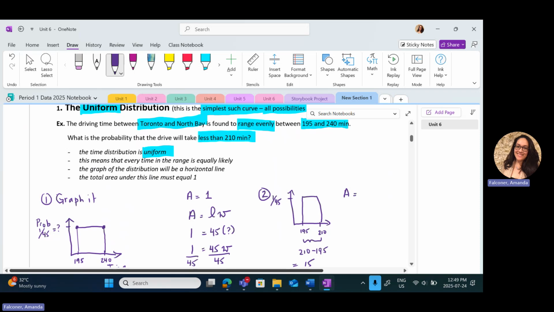The area is still equal to length times width. Our length is 1 out of 45 and our width is 15. When I multiply this across, I get 1 out of 3. It's a 33% chance that the drive will be less than 210 minutes, because the area underneath the curve is the likelihood or the probability of that happening.